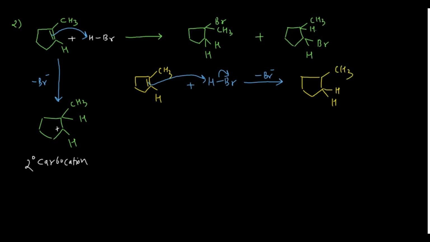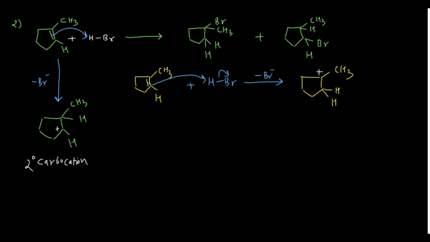In the first case, I have added this hydrogen onto this carbon here, but in the second instance, I am adding this hydrogen to this one. So now this is electron deficient, you can put positive over there.